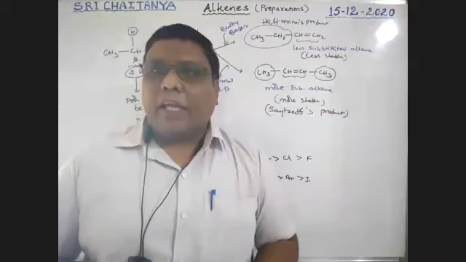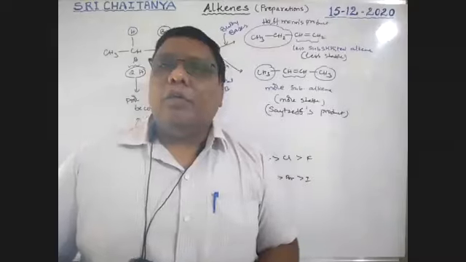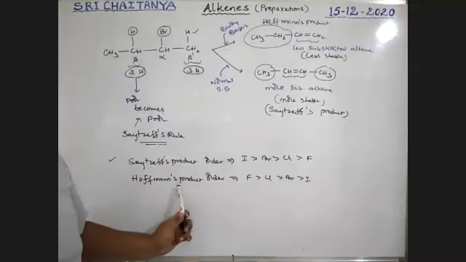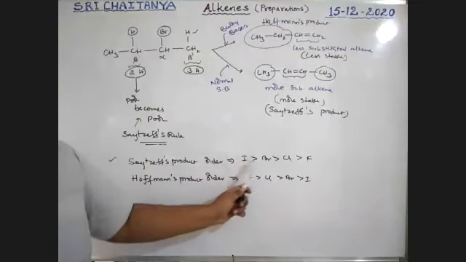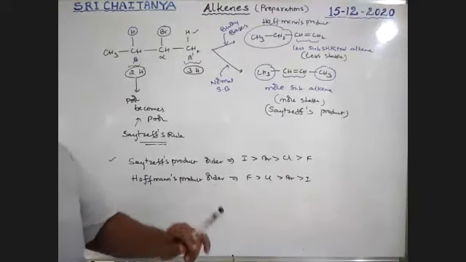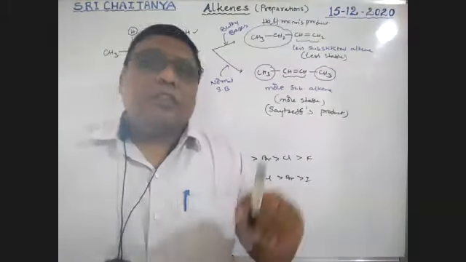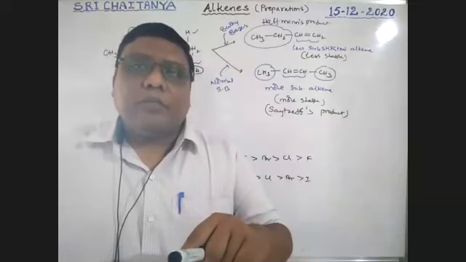So depending on the halogen attached to the alkyl group, fluorine presence gives the Hofmann product, and iodine or bromine presence gives the Saytzeff product, boys. So please keep these in your mind. Very, very important, boys. Please observe whether the leaving halogen is fluorine or iodine or bromine.